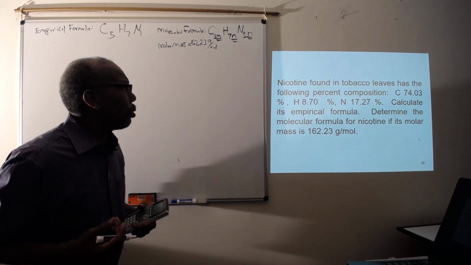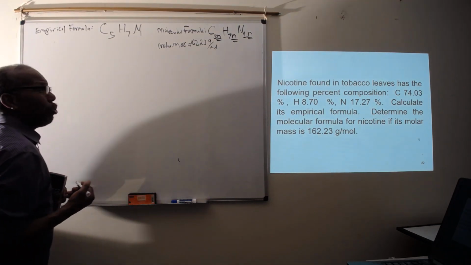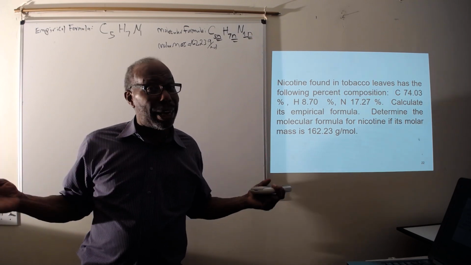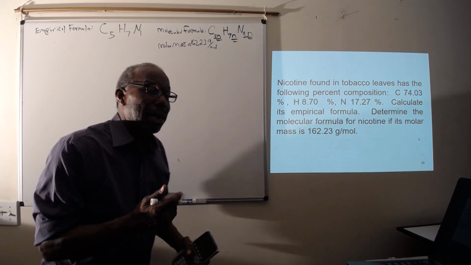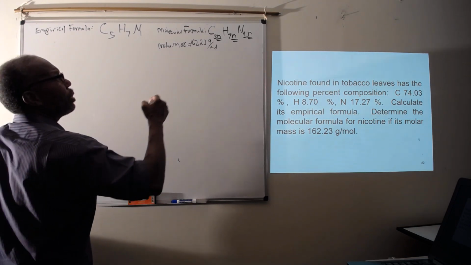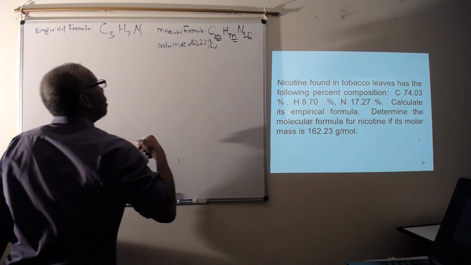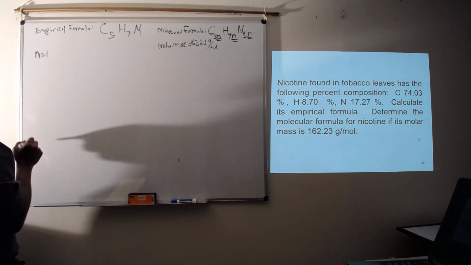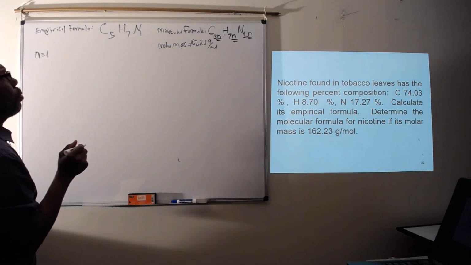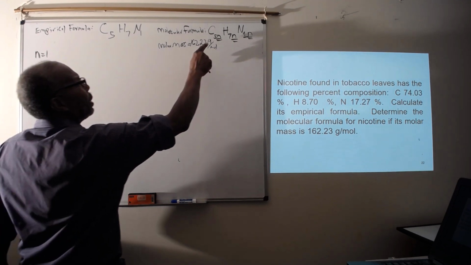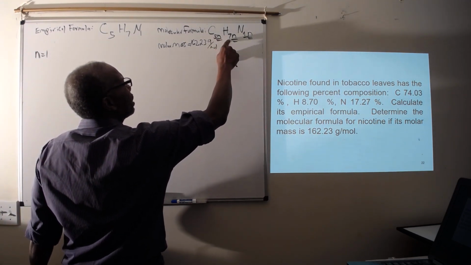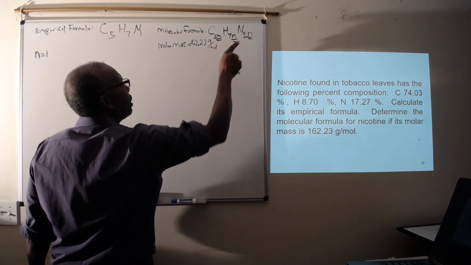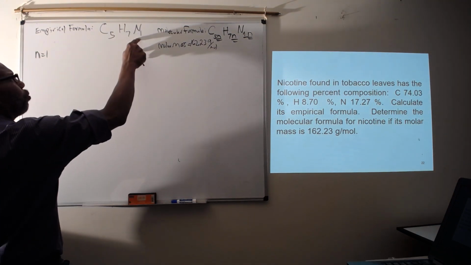So now we can do that by inspection, a trial and error, which is okay. Just assume n is an integer, of course. So you can assume n is equal to 1. So your molecular formula, if n is 1, will be C5H7N1, just like the empirical formula.